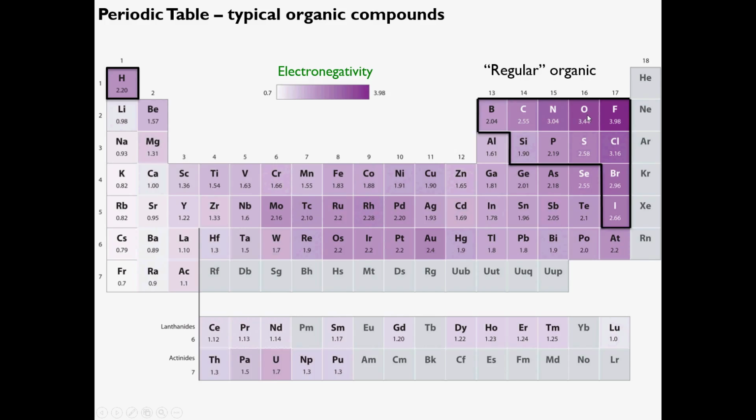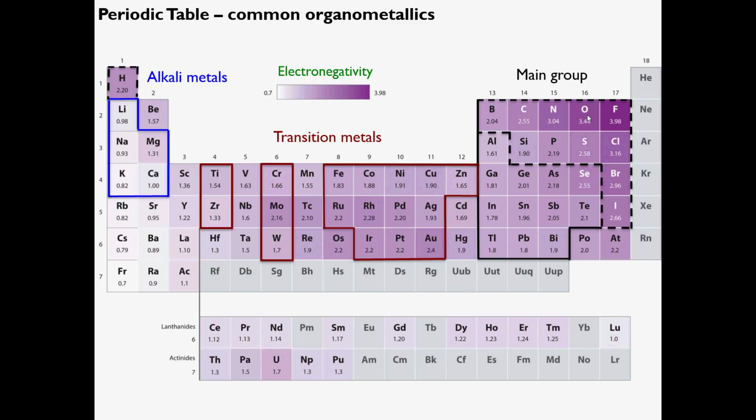But if we expand our horizons to include metals, then, as I said earlier, we can consider lithium and magnesium, and to a lesser extent, sodium and potassium. Certainly lithium and magnesium are very synthetically useful when they're in an organometallic compound. And then in the transition metals, this is when the utility really takes off.